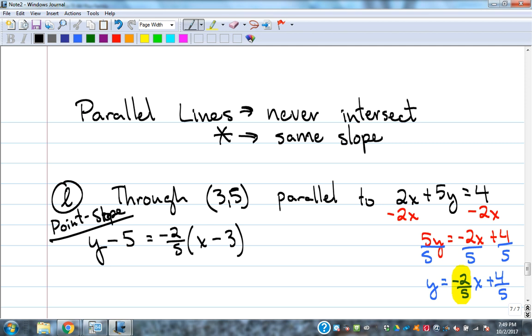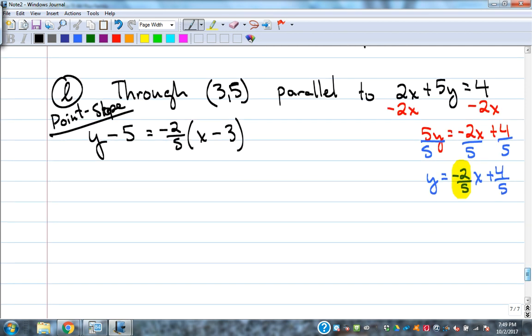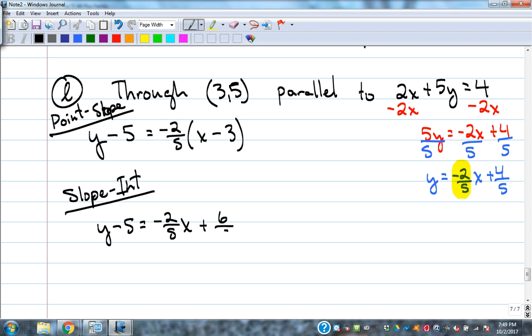Now let's put that in slope-intercept form. That'd be y minus 5 equals negative 2/5 x plus 6/5. That's just distributive property with the negative 2/5.